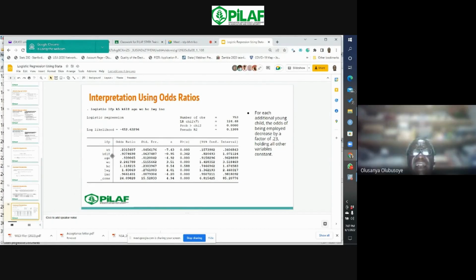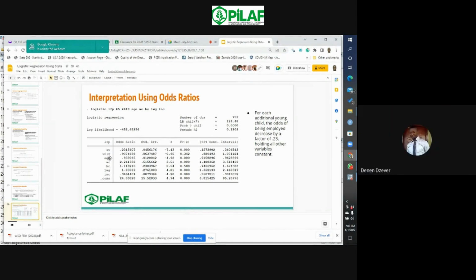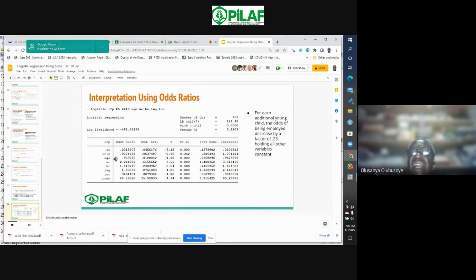Any additional child in the family who is between 6 and 18 years, the odds of the woman participating in labor force decrease by a factor of 0.94, thereabout, holding other variables constant.